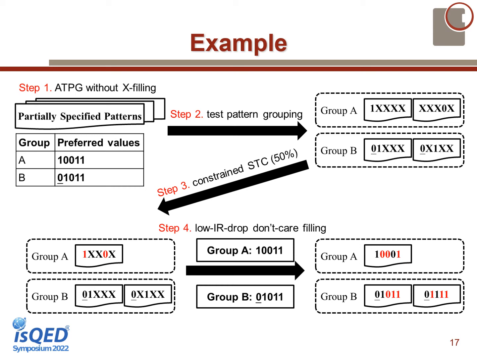Patterns with bit 1 equals 0 are in group B, and patterns with bit 1 equals 1 or don't care are in group A. In step 3, due to the maximum care bit ratio limit set at 50%, group B is not compressed, because after compression the pattern would be 0, 1, 1, don't care, and the care bit ratio would be 60%, which is larger than our restriction. Finally, patterns in each of the groups are filled in their respective preferred values.